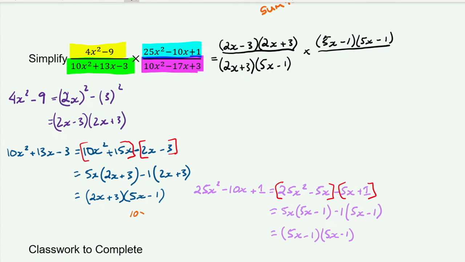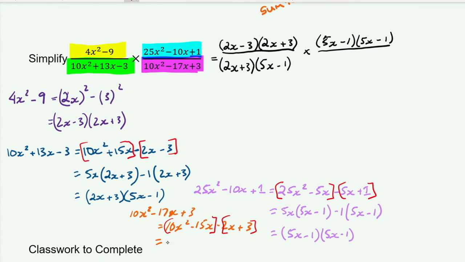We're going to have 10x squared minus 17x plus 3. This time we are going to positive 30. So we're going to have 2 negative numbers. Actually, we're going to have minus 15 and minus 2. Okay. Bring our brackets together.